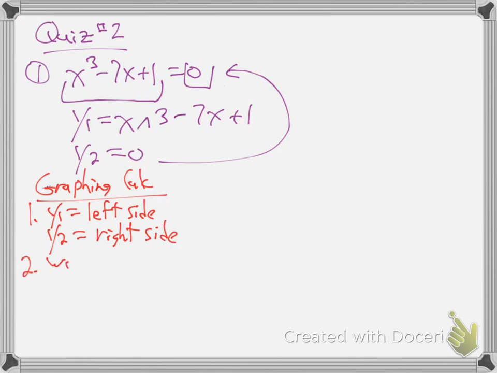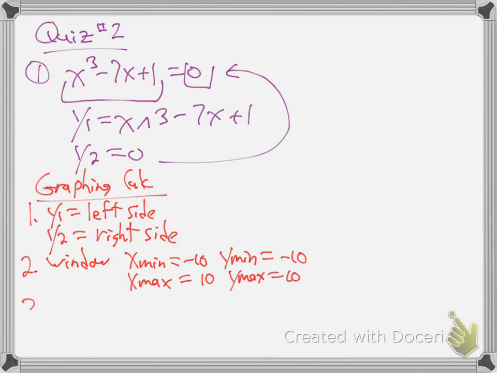Step 2, your window. Set your window with an x-min of negative 10, x-max of 10, y-min of negative 10, y-max of 10. Step 3, hit the graph button.